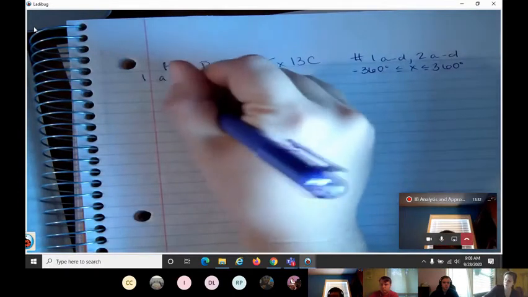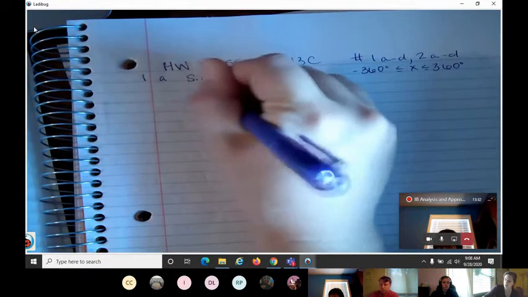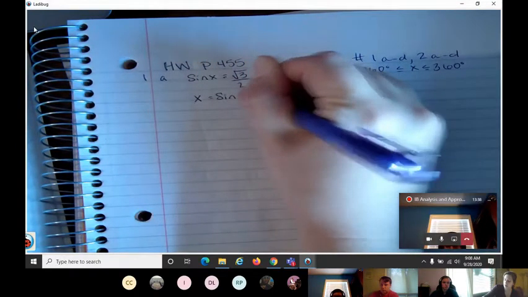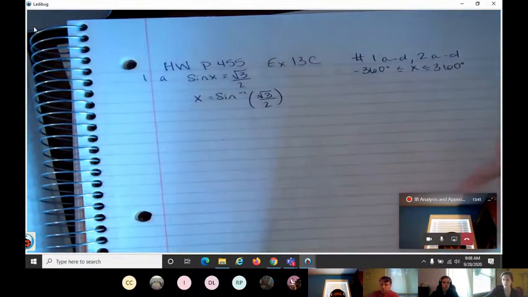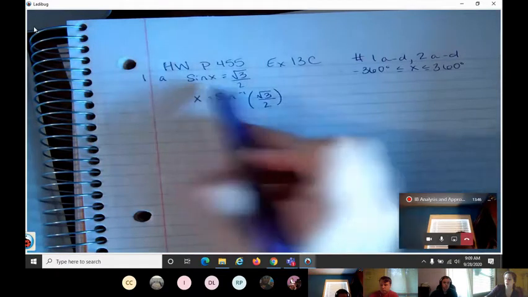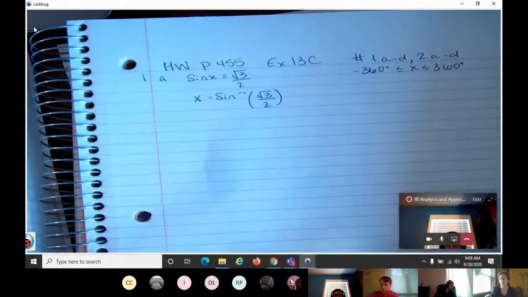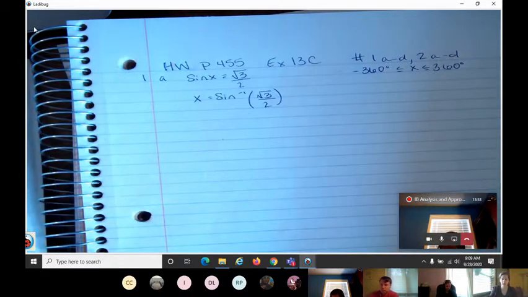Okay, so we're looking for the x's that satisfy this. In other words, we're looking for the y value of an angle that satisfies this equation.